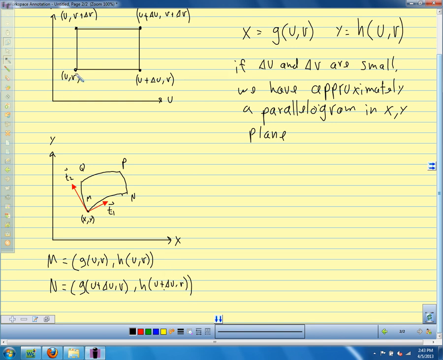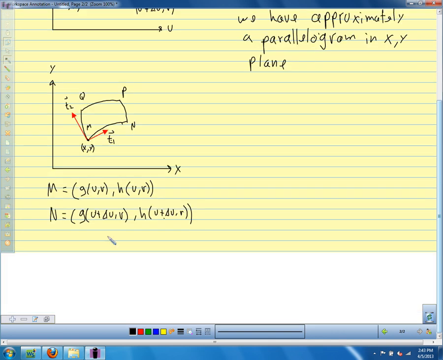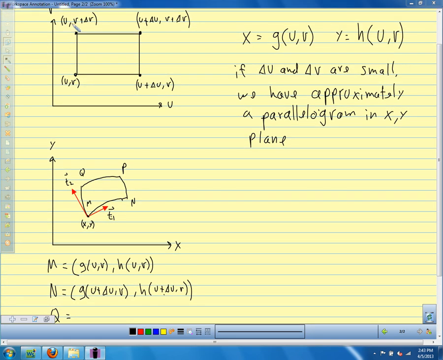So we're just talking about the coordinates here. We're writing our x and y coordinates in terms of our coordinates in the transformed coordinate system.